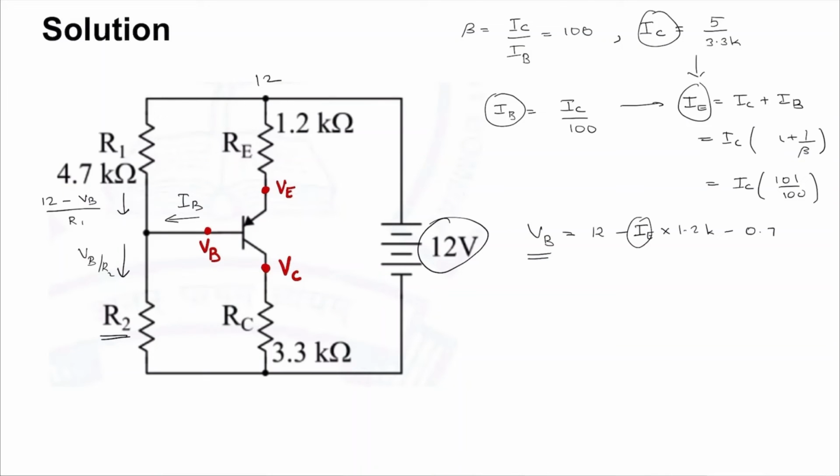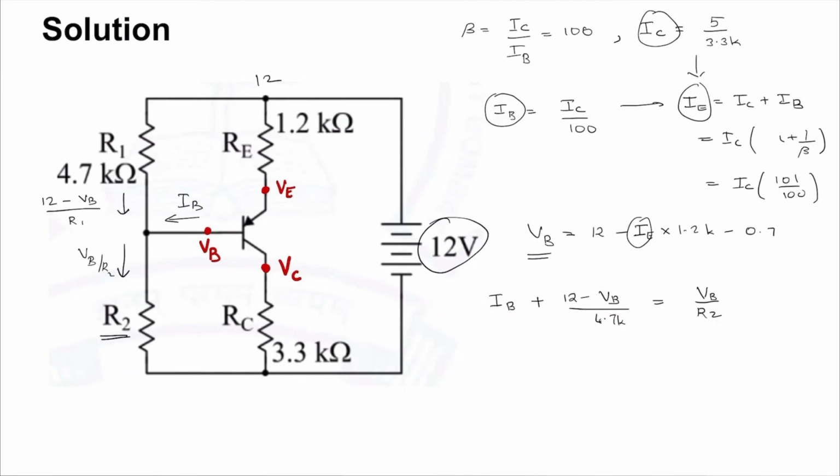Writing down the equations, the current into the node is IB plus 12 minus VB by 4.7K, and the current leaving the node is VB by R2. The only variable here that we don't know is R2, because we get VB from here and we get IB from here.